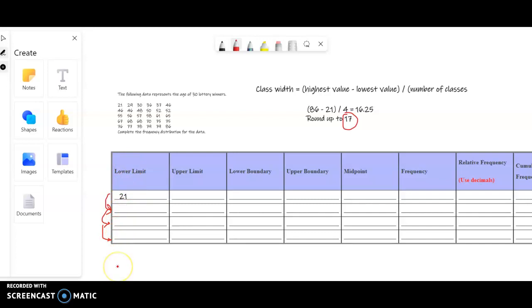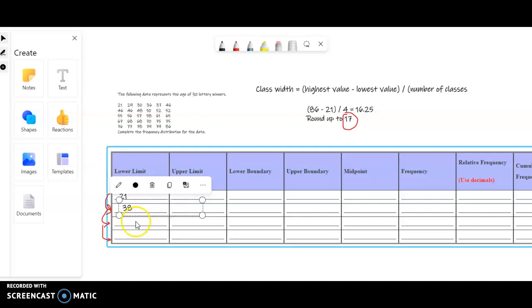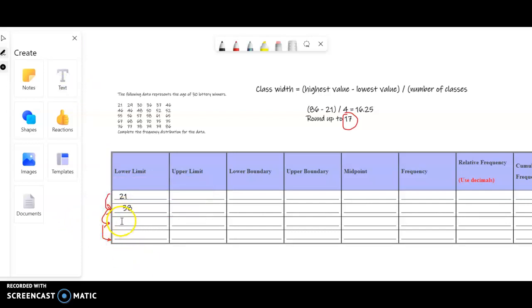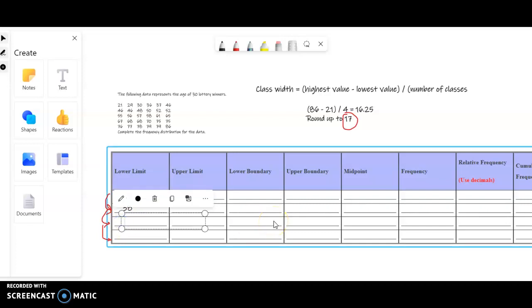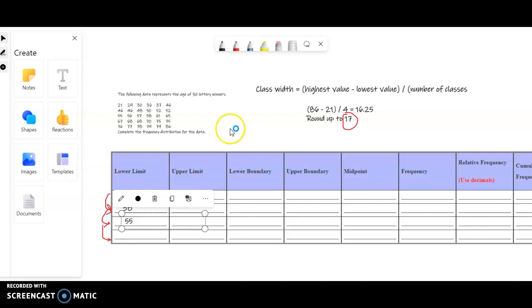So to go down your table each step, you're going to add whatever the class width is. In this case, it's a 17. So the 21 plus the 17, we have a 38. Okay, make sure you kind of see where I'm getting that. Taking that 21 plus the 17, I got a 38. The 38 plus the 17, we're going to get a 55, and the 55 plus the 17, I have a 72. Everybody with me so far?